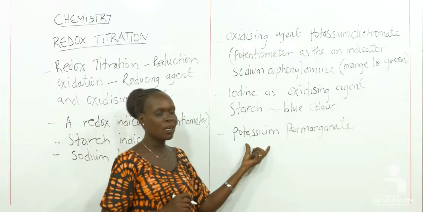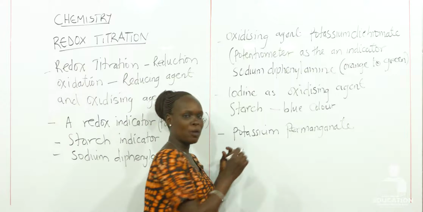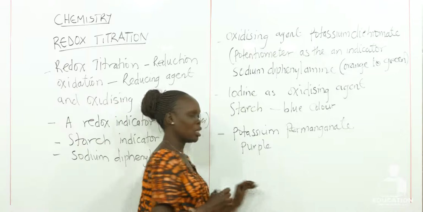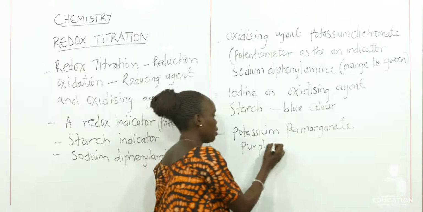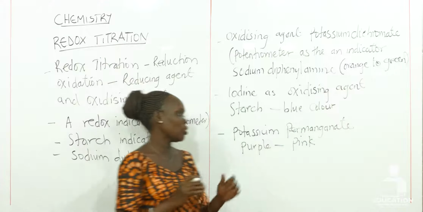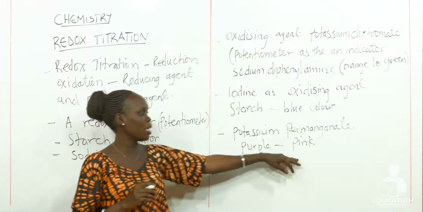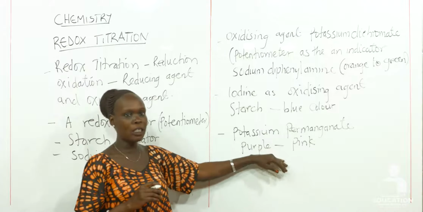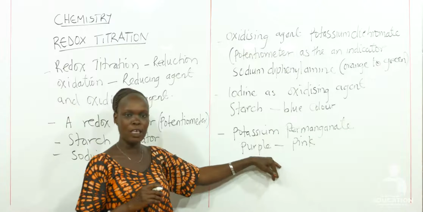Why? Because potassium permanganate is purple in color, so it changes from purple to pink. When the titration changes from purple to pink, we have reached the end point. In this type of titration, we are not going to use an indicator.